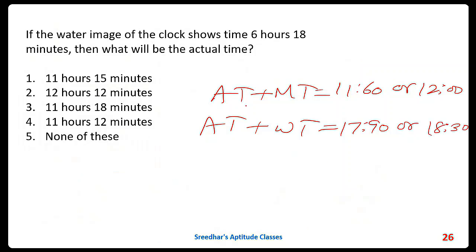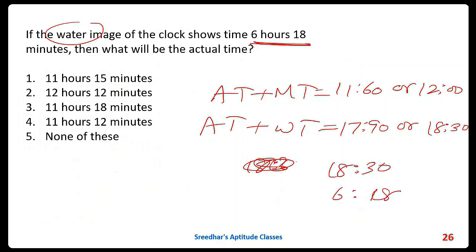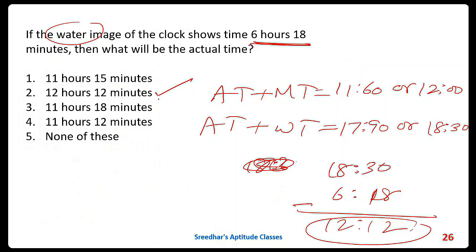Right, this is the property. As 6 hours 18 minutes is given and we want the water image, I should subtract that from 18:30. I should subtract 6:18 from 18:30. So the answer is 12:12, 12 minutes past 12, option B, the second option, is the answer.